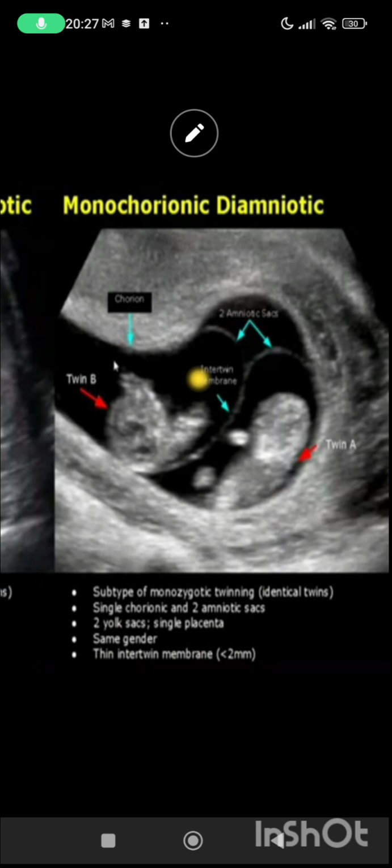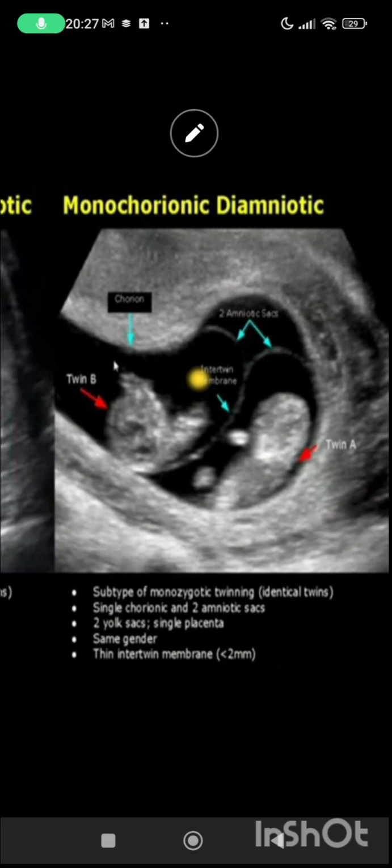So which thing will tell you whether it will be monochorionic diamniotic twin gestation or monochorionic monoamniotic twin gestation? The dividing membrane? The gestational sac is one in monochorionic.